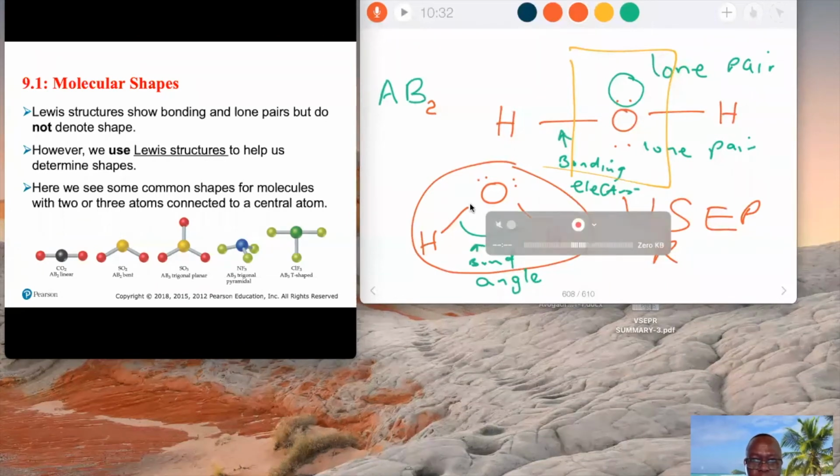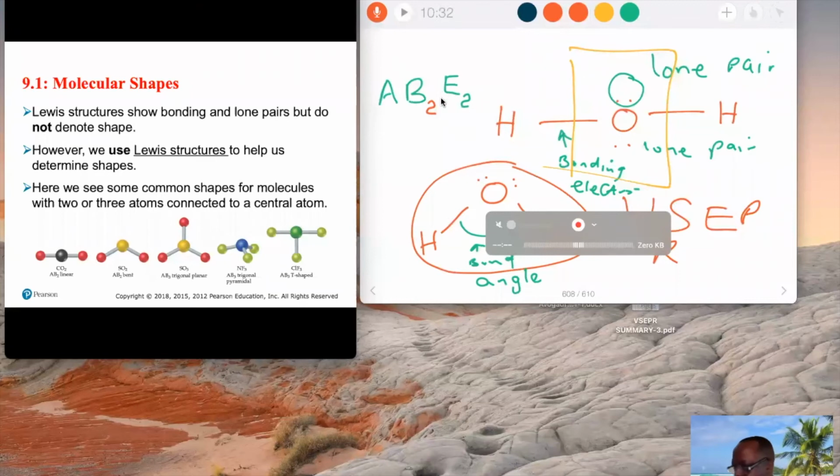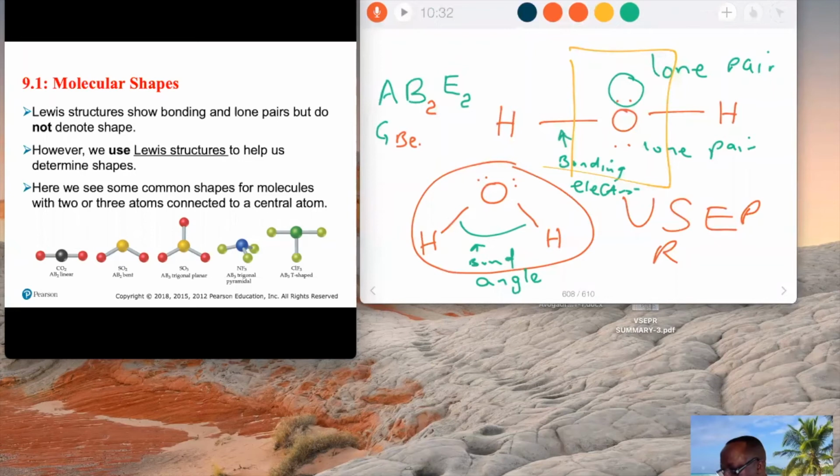If I look at the lone pairs, it is E2, there are two lone pairs. We will come back to the shape. I was just explaining what these terms stand for and how you will use these down the line.